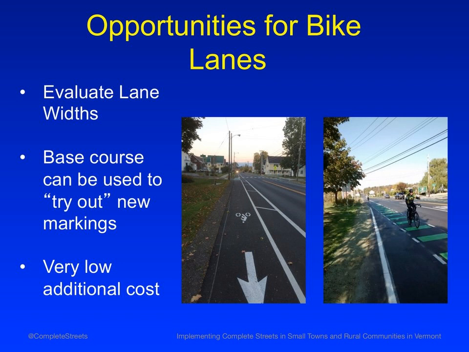There are a number of roads in Vermont that are really overbuilt for the amount of traffic they're getting, and that's the idea of a road diet, which is probably a topic for a whole other webinar. The idea there is eliminating travel lanes when they're not needed, and maybe putting in things like two-way left turn lanes. And that gives an opportunity to use some of that leftover space to add in bike lanes.